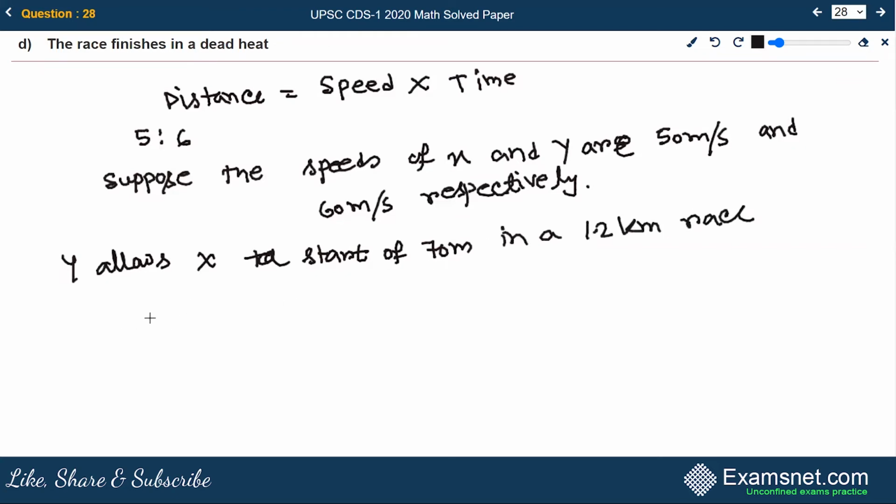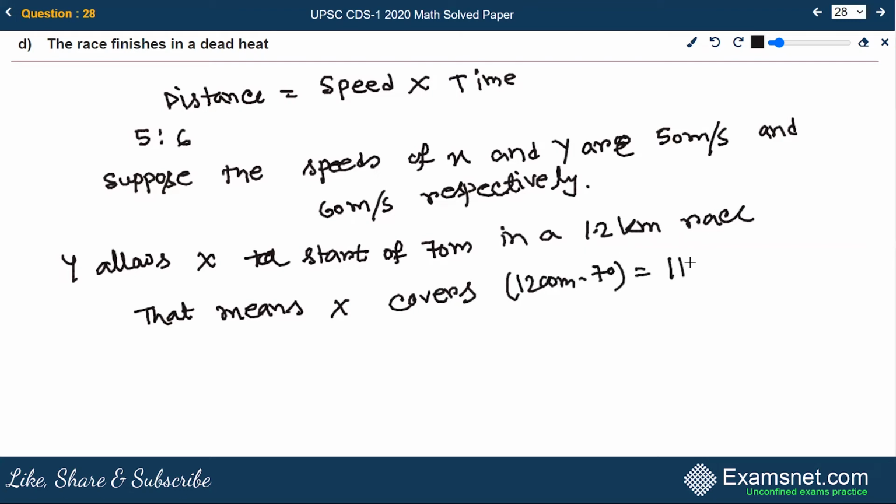That implies X covers 1130 meters, that is 1200 minus 70, and Y covers 1200 meters.